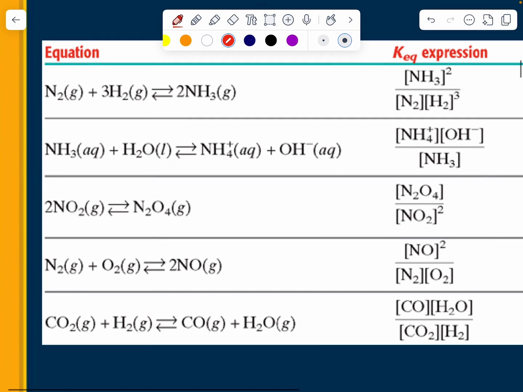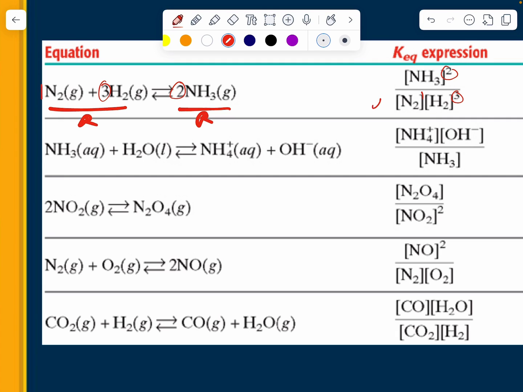Some examples. As you see, here we have the reactants and here we have the products. Here we have 2, so here we have 2. Here we have 3, we're gonna have 3 here, and 1 here, 1 here.